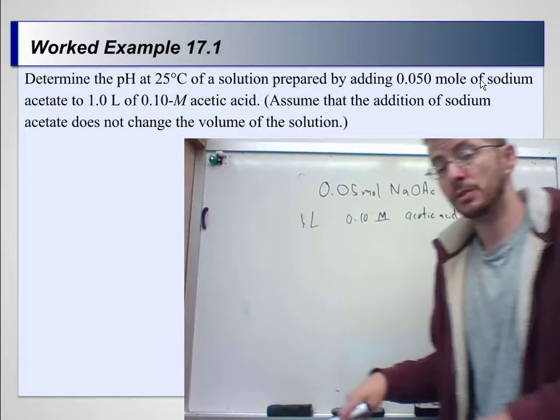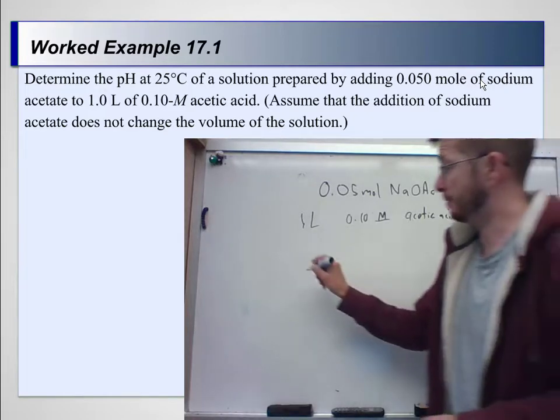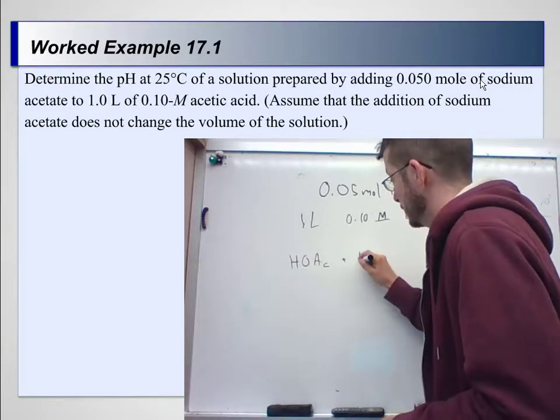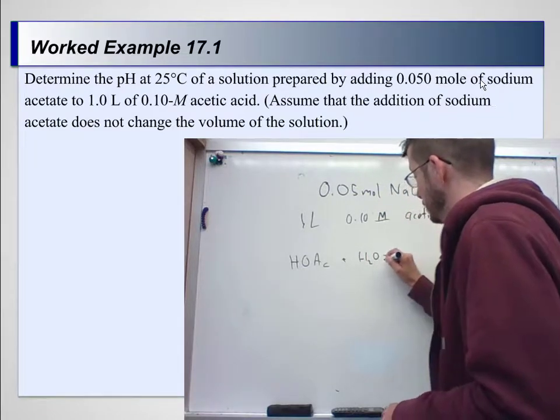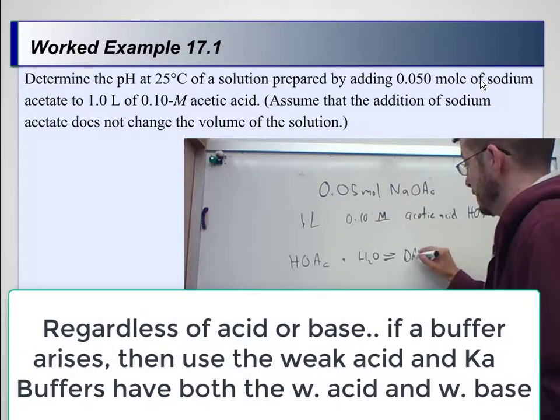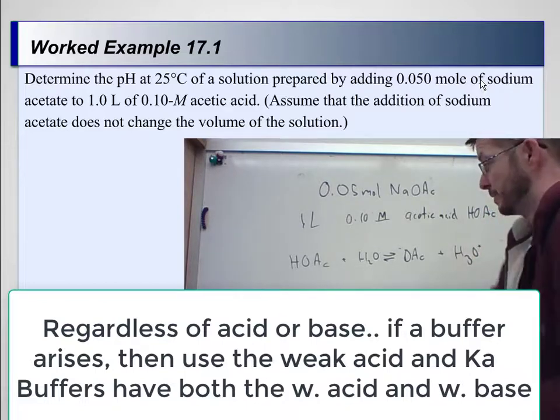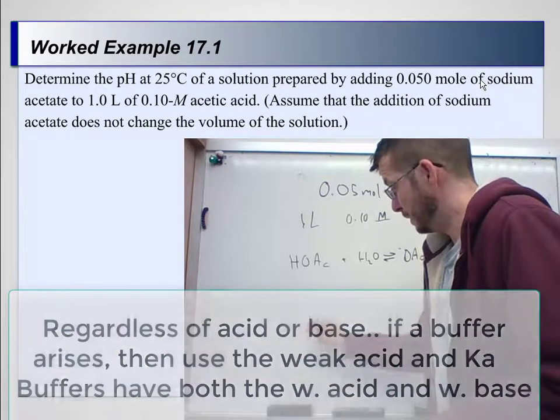And this is controlled by the following equilibrium: HOAc plus water goes to OAc minus plus H3O plus. Well, this is just our weak acid equilibrium.